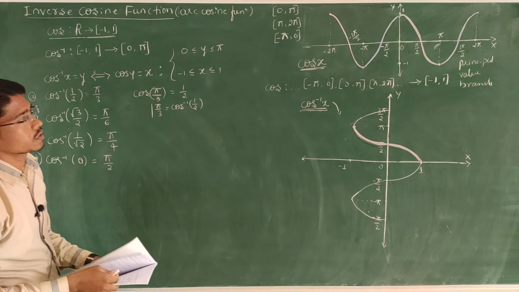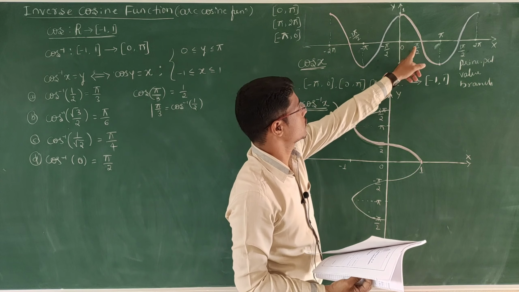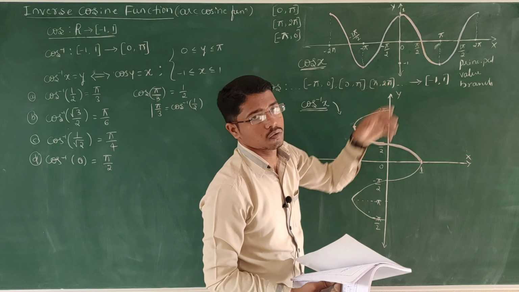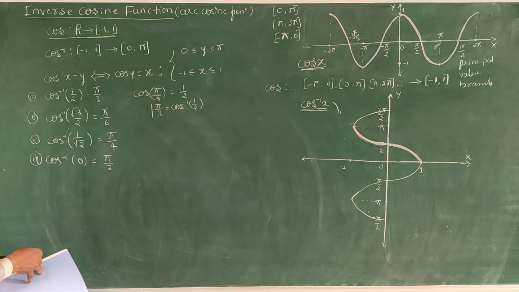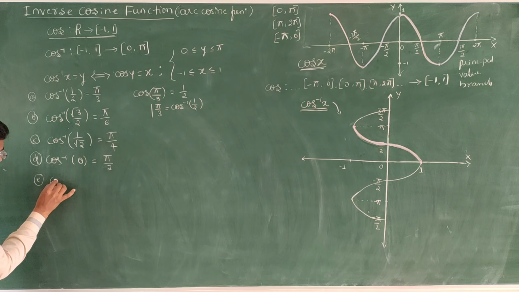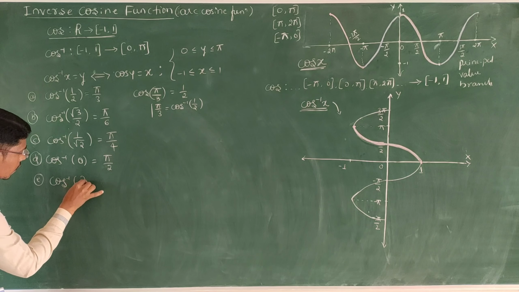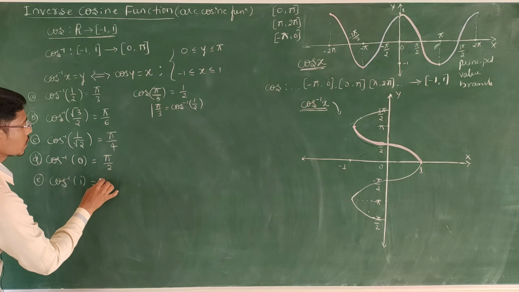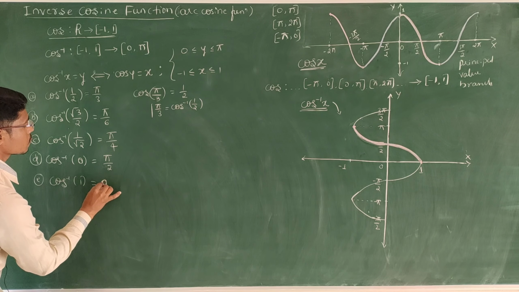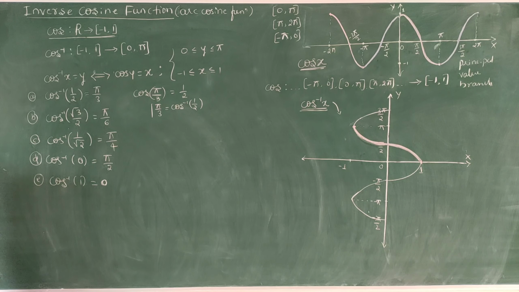So see here, cos is 0 when it is equal to pi by 2. Next, e: cos inverse of 1. When it is 1, the answer is 0, since cos 0 is 1 always.